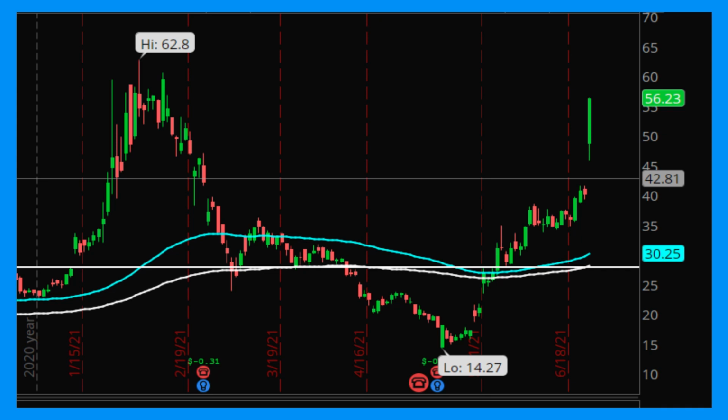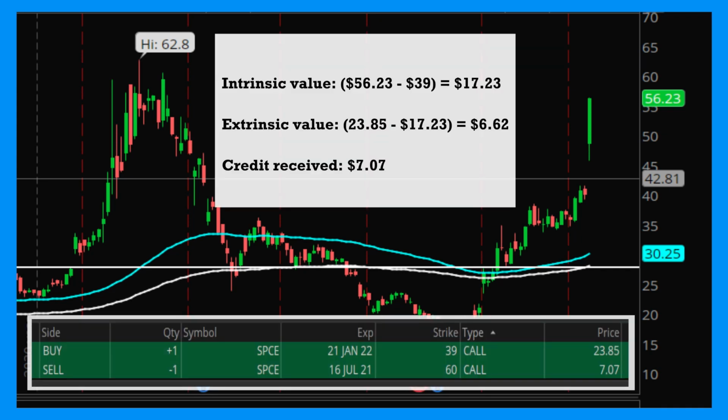When trading a diagonal spread, cover the cost of the extrinsic value of the long expiry option using the credit received from selling the short expiry options contract. The extrinsic value of options decays over time, so by covering the cost of the extrinsic value of the long expiry option, an options trader could profit or break even if the stock stays stagnant during the length of the short expiry options contract.